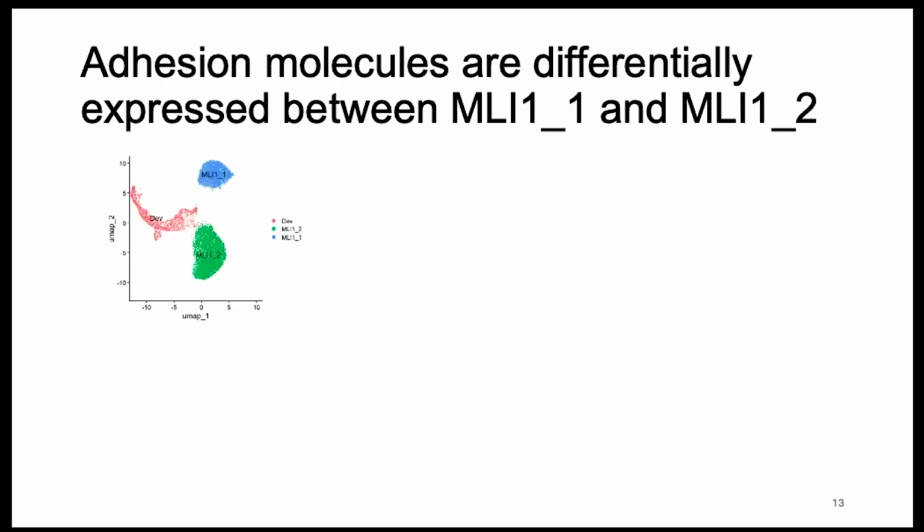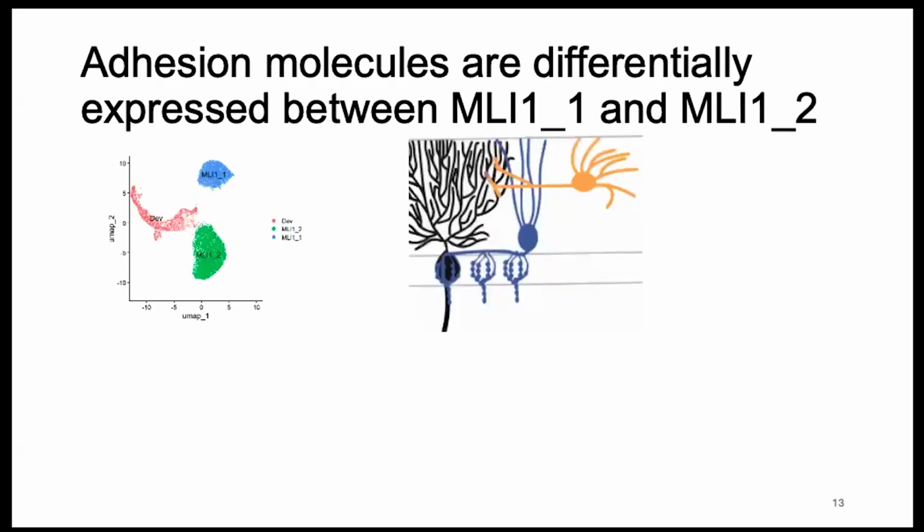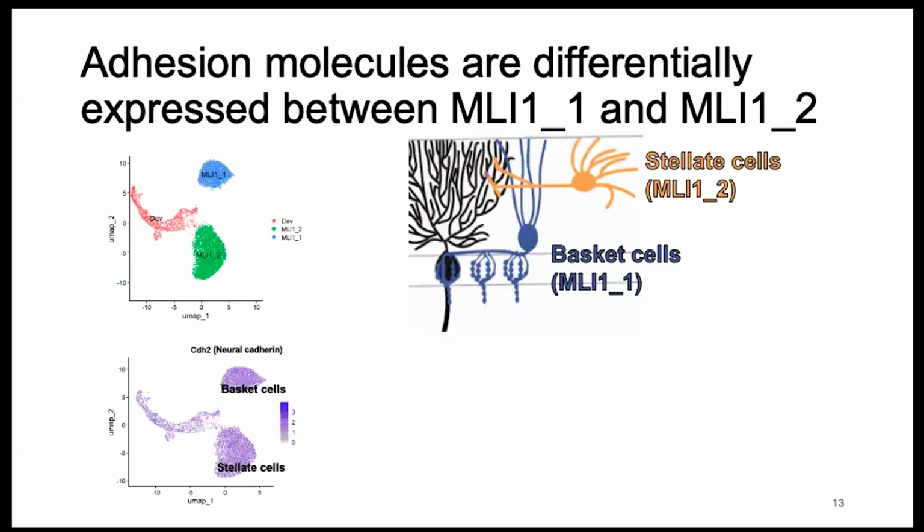And so the goal here is to profile cell adhesion molecules in both the stellate cells and the basket cells. This is a commonly studied cell adhesion molecule in the brain, cadherin 2, otherwise known as neural cadherin. It should be expressed by all neurons, and here you can see that it's expressed pretty equivalently in both basket and stellate cells.